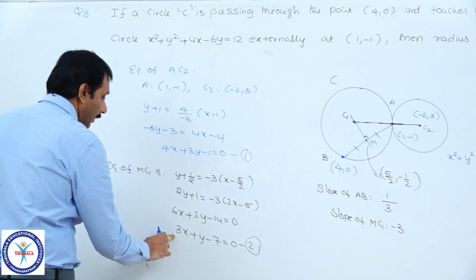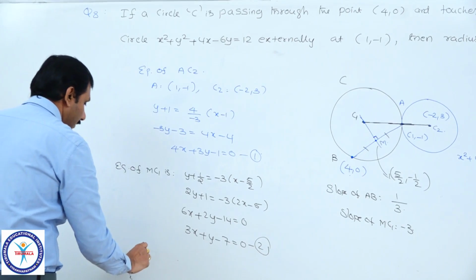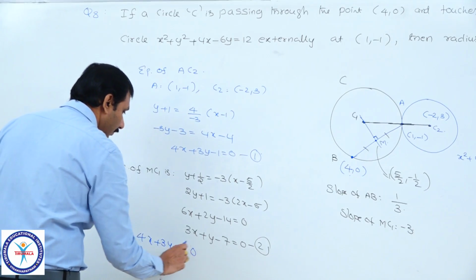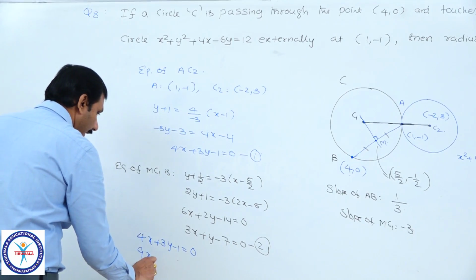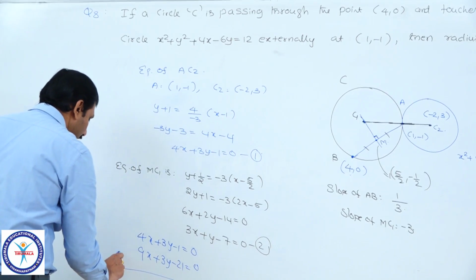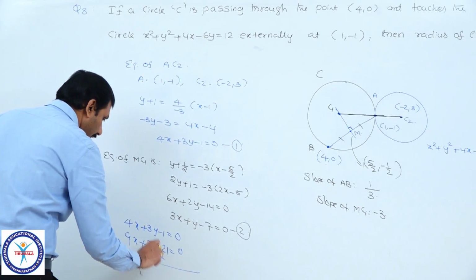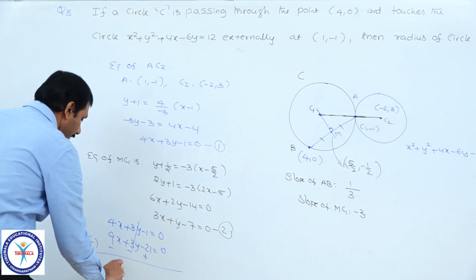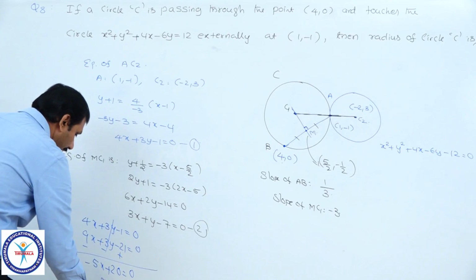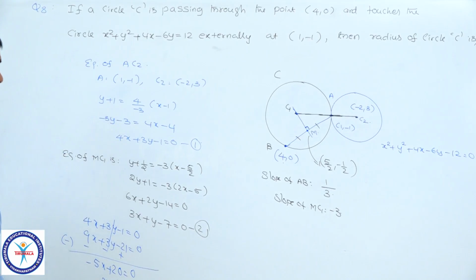Multiply the second equation with 3. The first equation is 4x + 3y − 1 = 0. The second will become 9x + 3y − 21 = 0. Subtract: 4 − 9 is −5x + 20 = 0, therefore x is equal to 4.